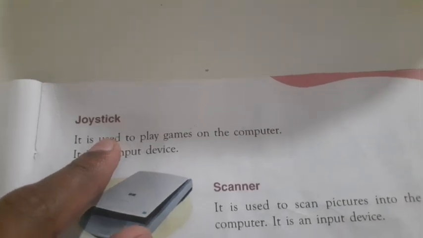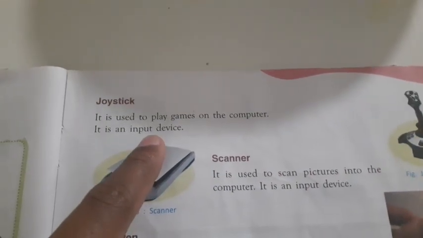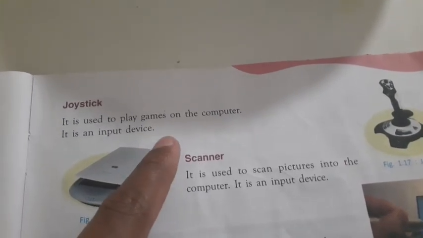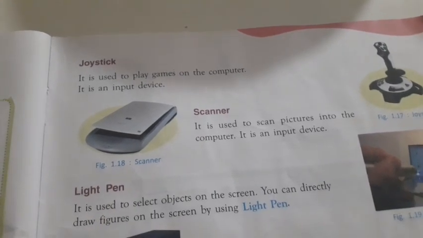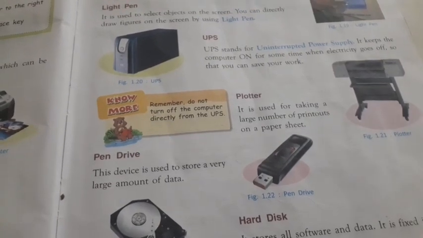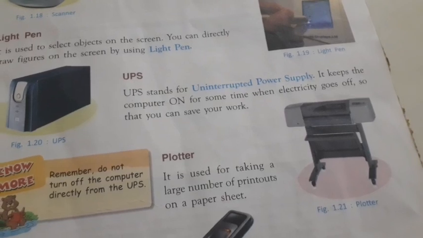Then joystick. Everybody knows what a joystick is. Joystick means which we are using for gaming and all. There will be many buttons, arrow buttons, selecting buttons. With that we can easily play games. Then plotter. In the printing shops and all we can see many plotters.